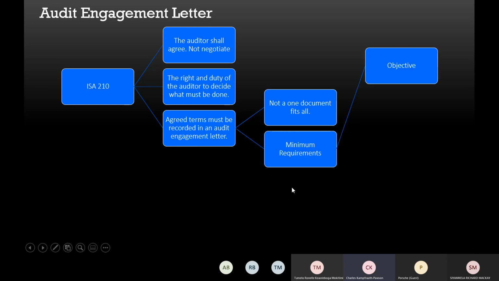What's the minimum requirements? Objective. What's the objective of the audit? The objective of the audit is at the end of the day to express an opinion on the financial statements. That is the reason why we are becoming auditors, is to be in a position to give reasonable assurance. And I'm saying reasonable assurance because we hardly ever give absolute assurance. If you ever give absolute assurance, it means that you've tested each and every invoice, receipt, every document that went into the financial statements, you've tested all of it.